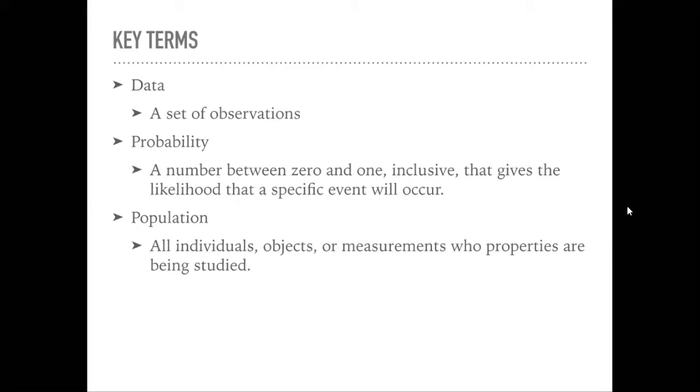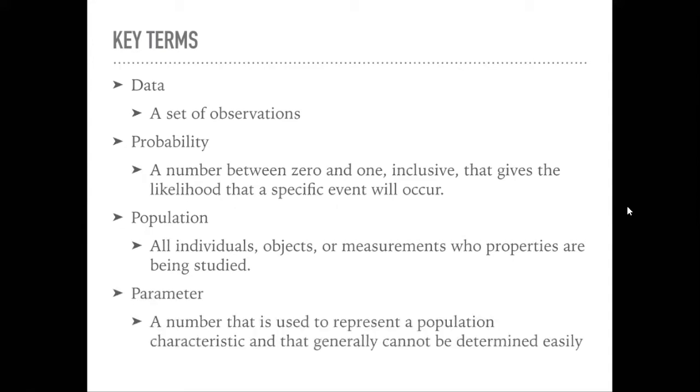We're studying college students, but maybe our population that we're studying is all college students. So the data that you're collecting from where you're collecting your data from, it's just a subset of your population. Your population is all of the individuals, objects, or measurements whose properties are being studied.